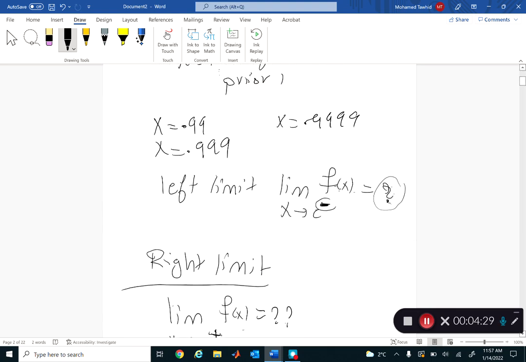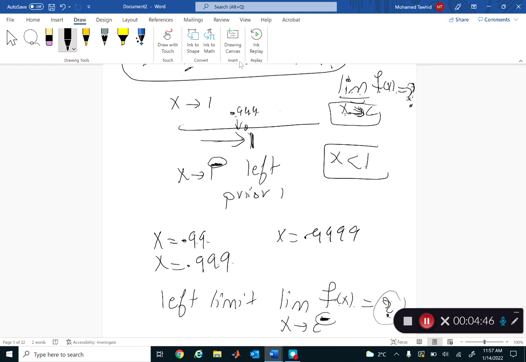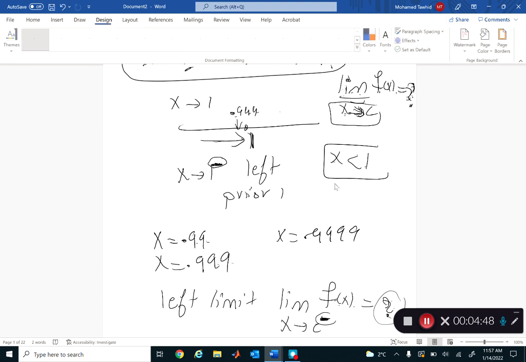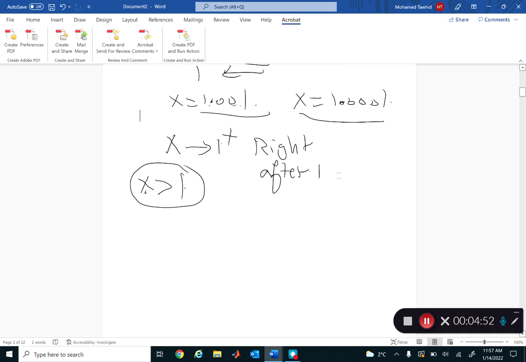And for the left limit, when x is before 1, x is less than 1, because I take 0.999 or 0.9 or 0.49, all less than 1. Because of that, we call it the left limit, and the other one the right limit when I take it from the right.